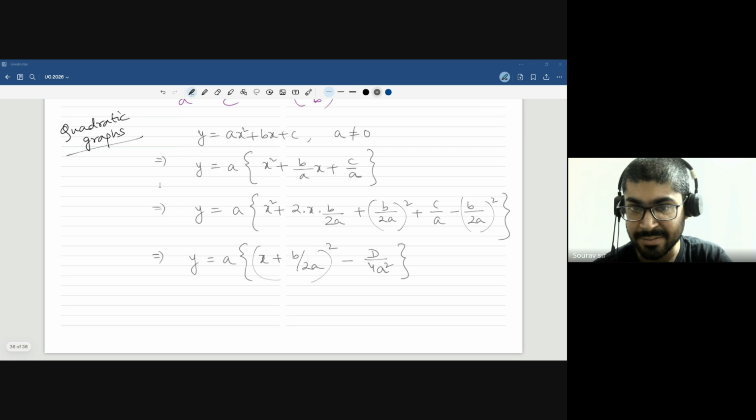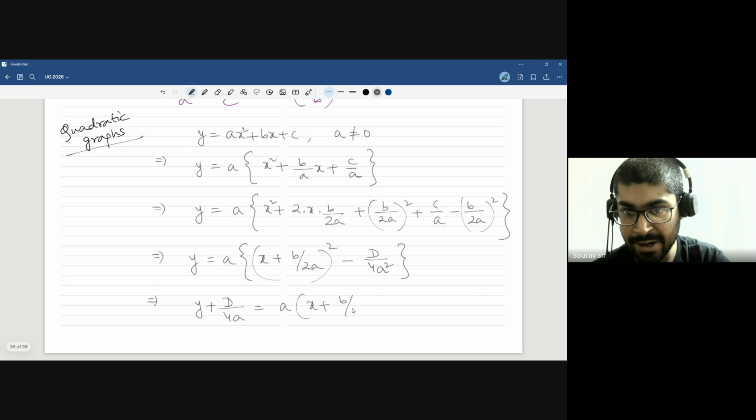I can just multiply the a, right? If I multiply the a, the 4a square, one of the a's will cancel and one a will remain here. So I can bring that d by 4a to the left hand side and I'll get y plus d by 4a is equal to a into x plus b by 2a whole square.